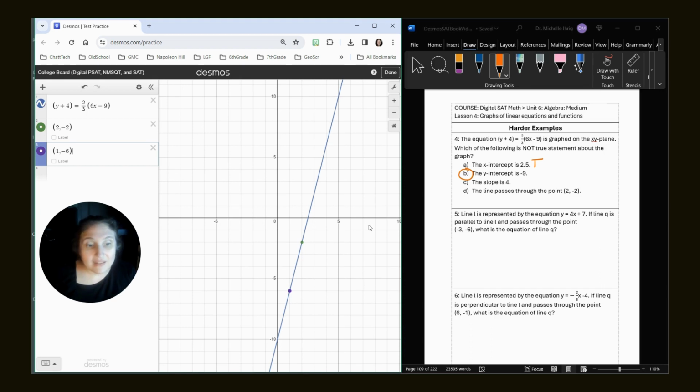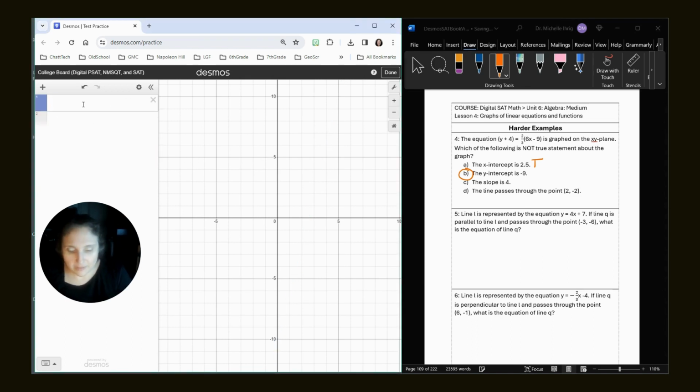All right, line L is represented by the equation y equals 4x plus 7. If line Q is parallel to line L and passes through the point -3, -6, what is the equation of line Q? Well, that's got a whole lot going on. First, let's type in line L, y equals 4x plus 7.